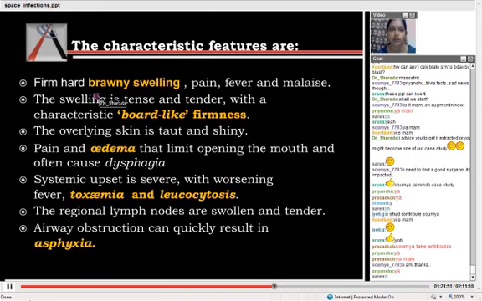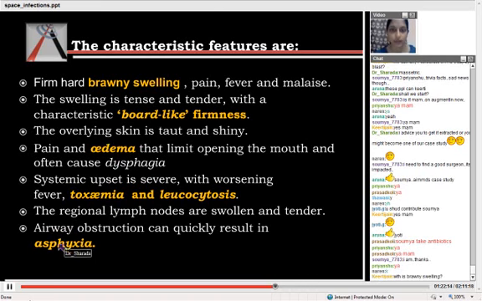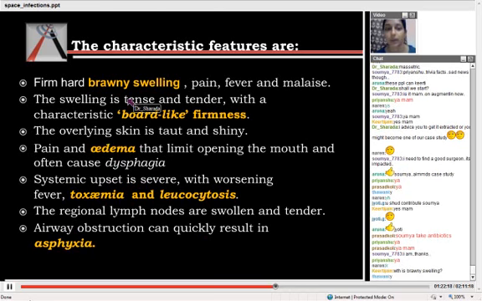So what are the basic features you need to remember? Just remember these words. It's firm and hard, brawny swelling, board-like firmness the swelling has. Edema is there, pain is there, obviously there is going to be limited opening of the mouth. You're going to have dysphagia, and systemically you can have toxemia, septicemia, leukocytosis, and ultimately in severe cases you will have brawny swelling.